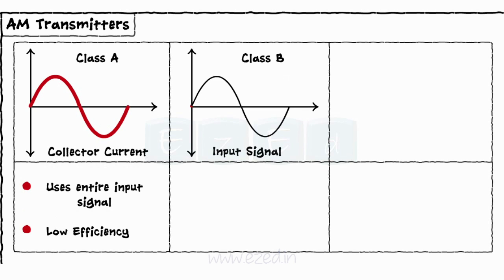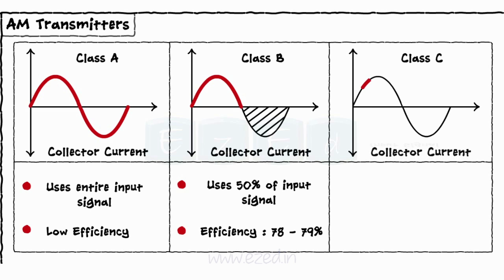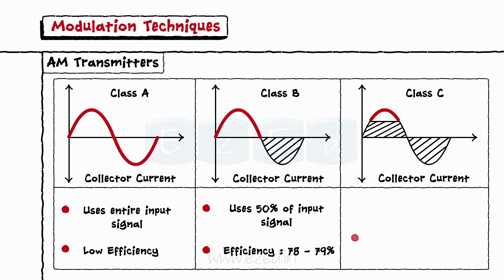In Class B amplifier, the collector current flows only for half of the input signal. As this amplifier makes use of only 50% of the input and produces the output, we get around 78 to 79% of efficiency. In Class C amplifier, the collector current flows for less than half of the input signal. It gives efficiency of around 90%.